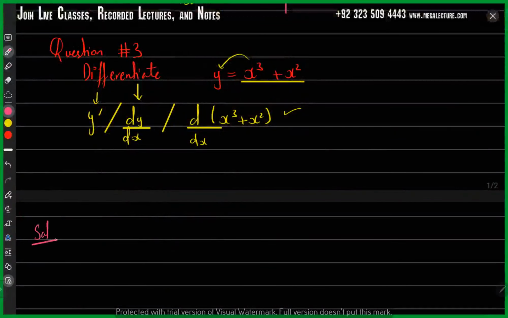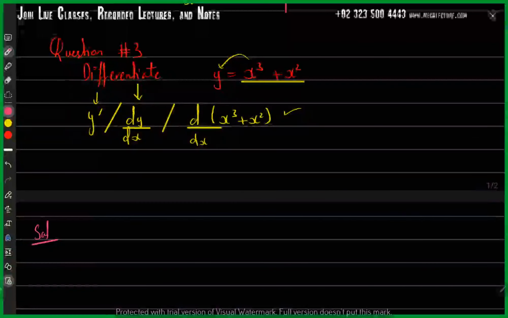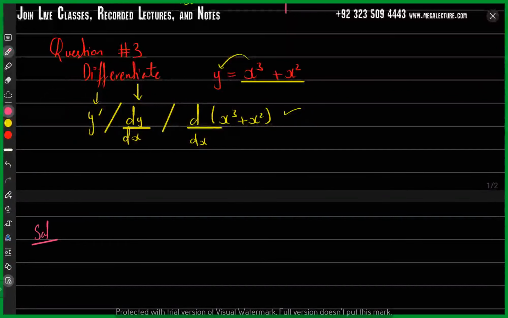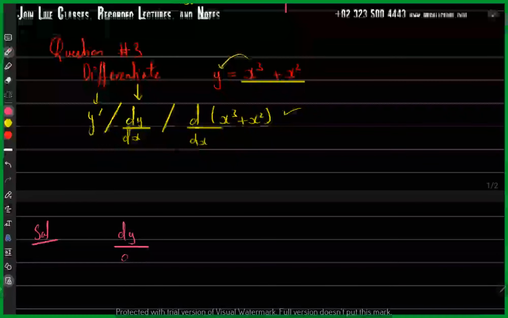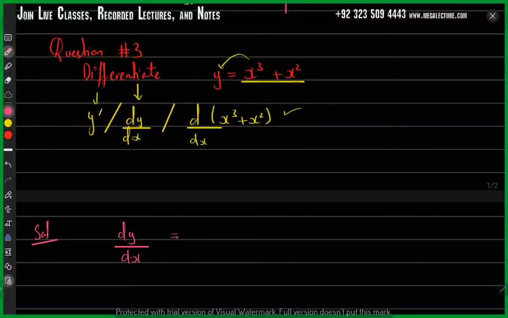So let's talk about the solution. I've been asked to differentiate y equals x cubed plus x squared, and I can write it as dy divided by dx equals, now I need to differentiate. It's very, very simple. We have two terms in x, and we will deal with both separately. The first one is this one. The power is 3. This power is going to come here.